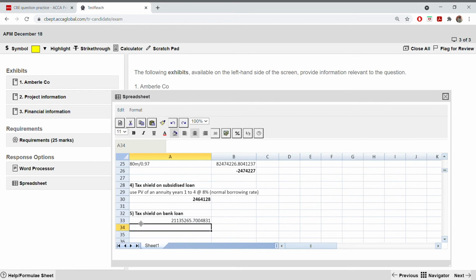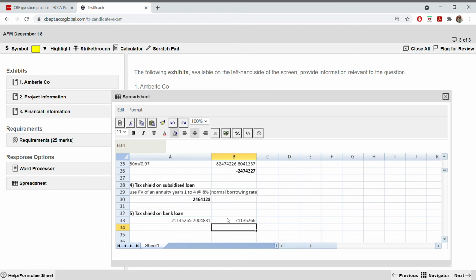Now if you want to round this to a whole number, you can do it here. Round this number, comma 0. It will round this number to whole.